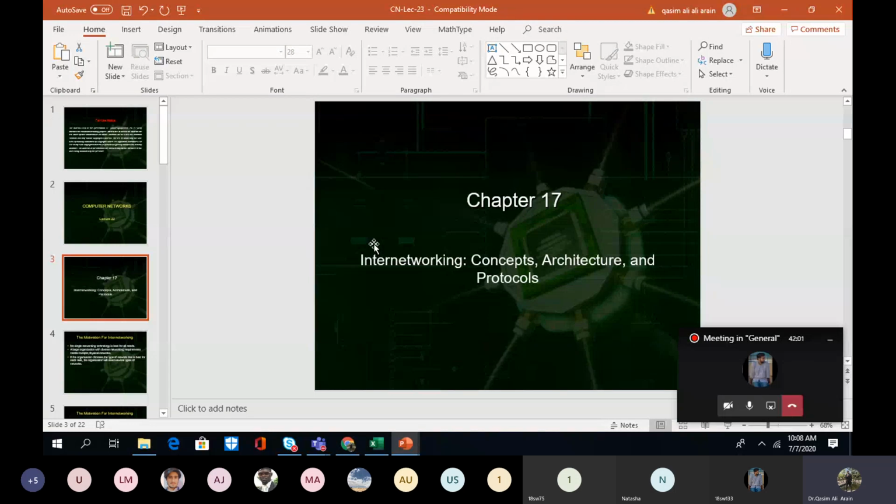So these are two terms which resemble each other, but they are different. We have something called an intranet, I mean to say that different LANs and WANs are connected and communicate with each other by using different technologies. That is what you can call an intranet. And when we talk about it in a general form, this is called an internet.